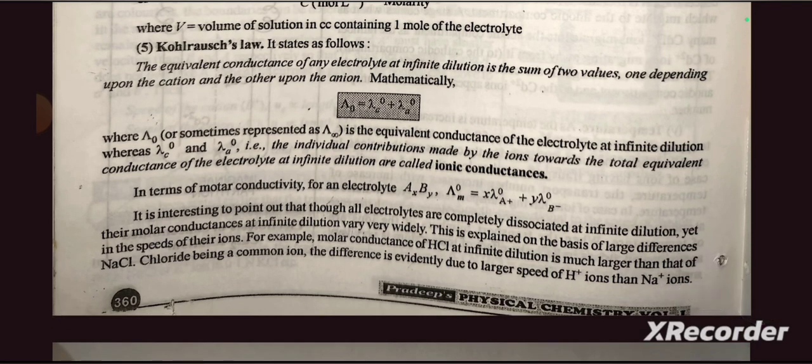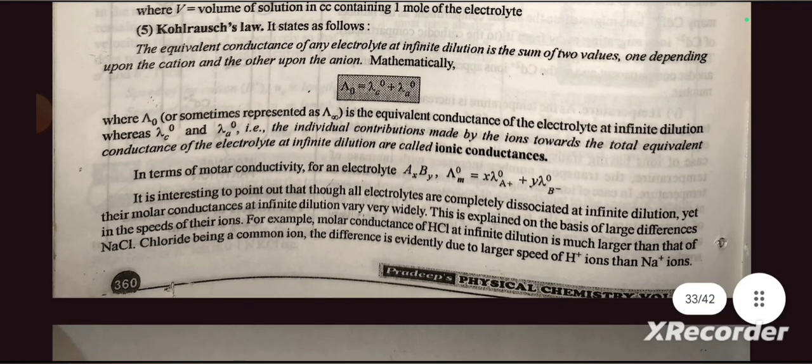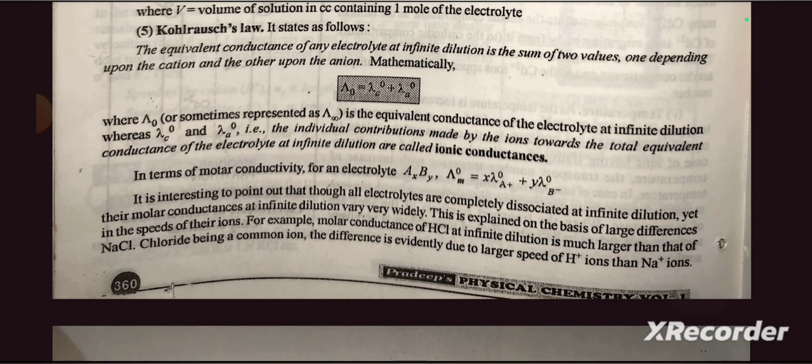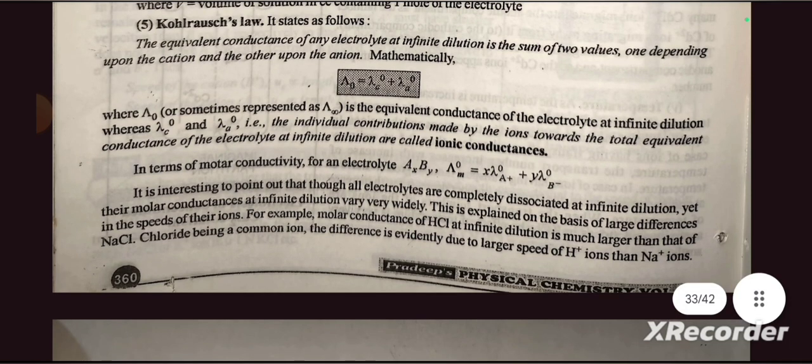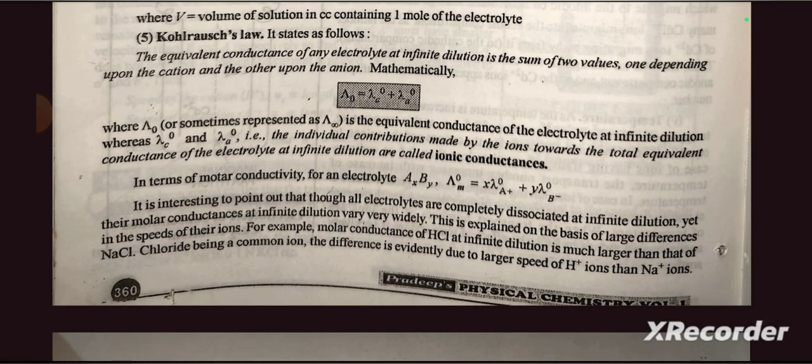Fifth, Kohlrausch's law. It states as follows: the equivalent conductance of any electrolyte at infinite dilution is the sum of two values, one depending upon the cation and the other upon the anion.